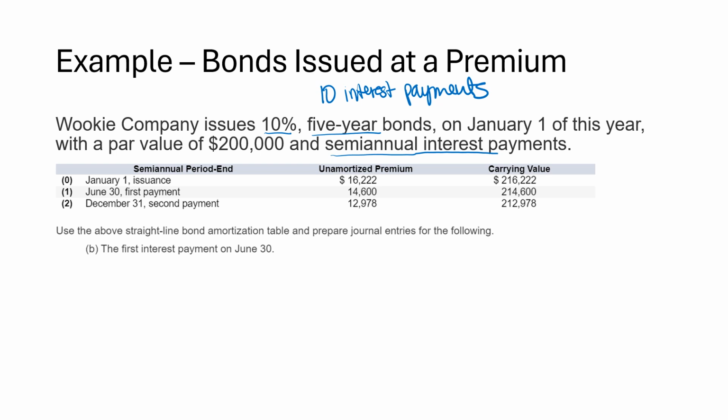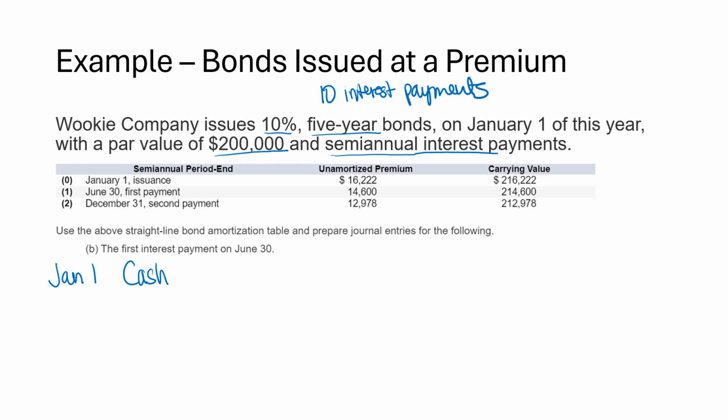And the face value is $200,000. So we're not going to worry about the table just yet. Let's start our journal entry and then see where we need to adjust it. When bonds are issued, January 1st, you debit cash always, and the cash will be debited for the amount received.